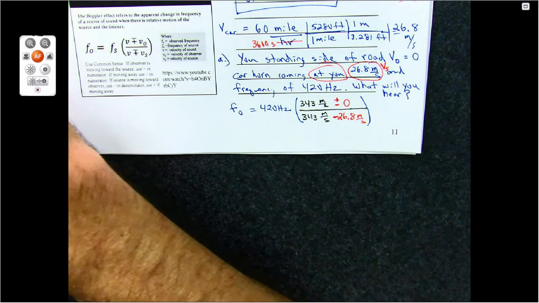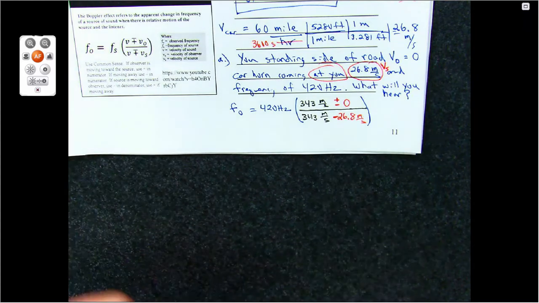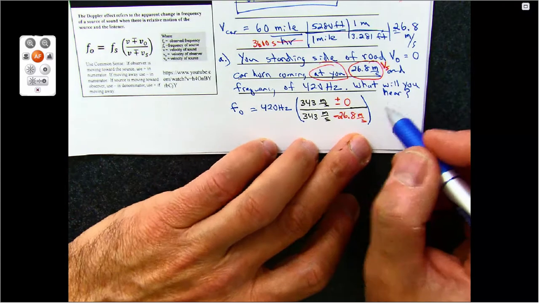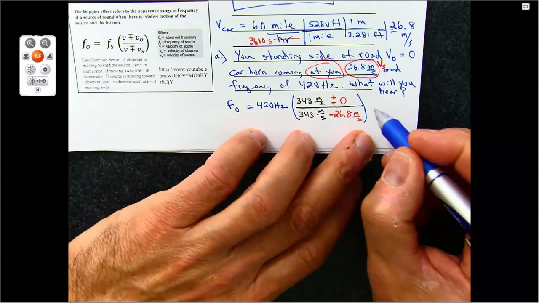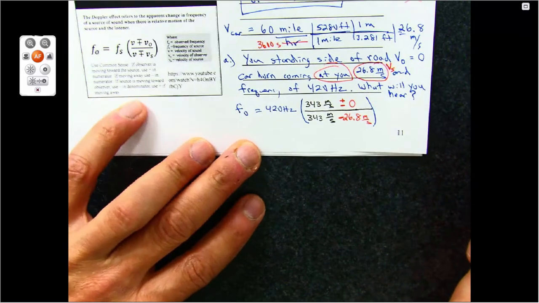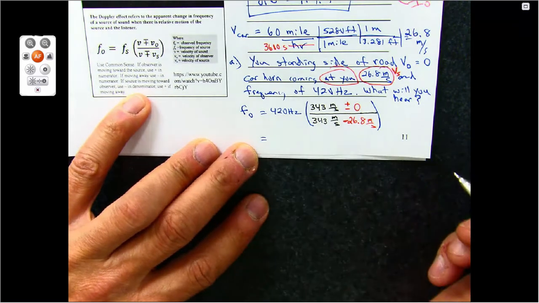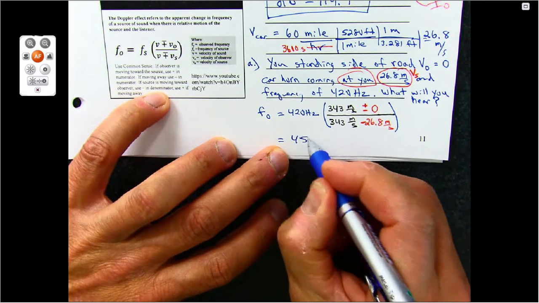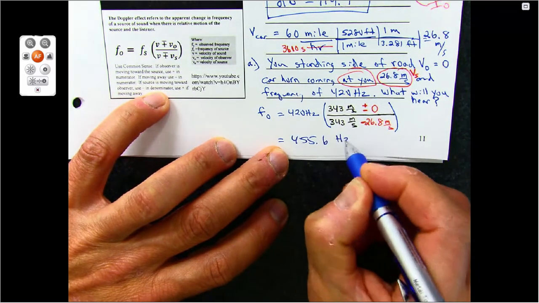What are you going to do when it's moving away then? Punch this in. Yeah, it's almost reversed, but you could come up with some way like that, I guess. What do we get for a frequency? 455.6 hertz.